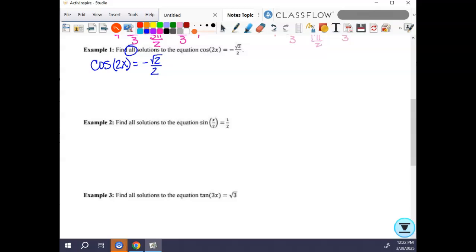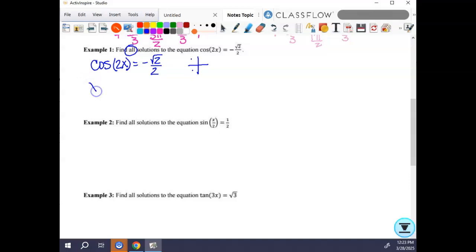When it was just x or just theta, we would ask what angle gives me the cosine value of the square root of 2 over 2? We are going to start off doing the exact same thing. Cosine is negative in which quadrants? Second and third. Okay, so it's negative in these two quadrants.